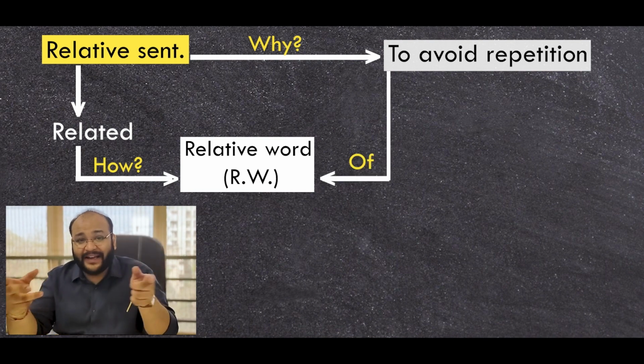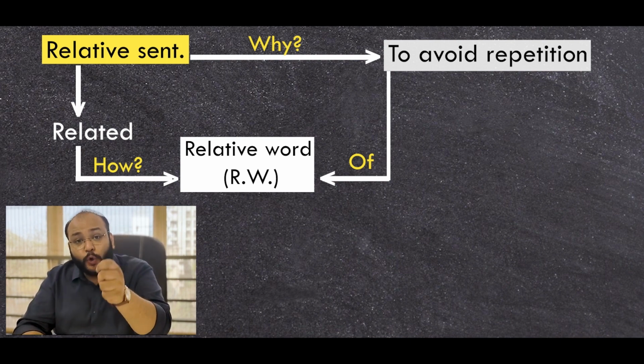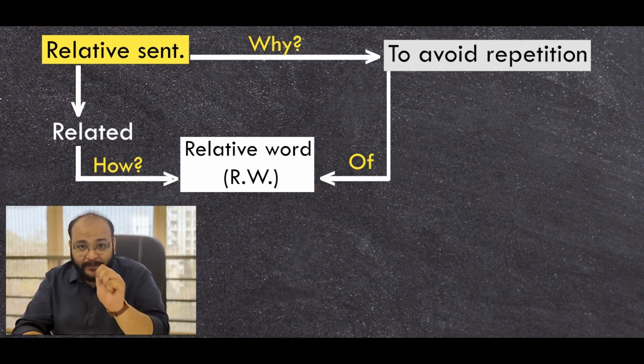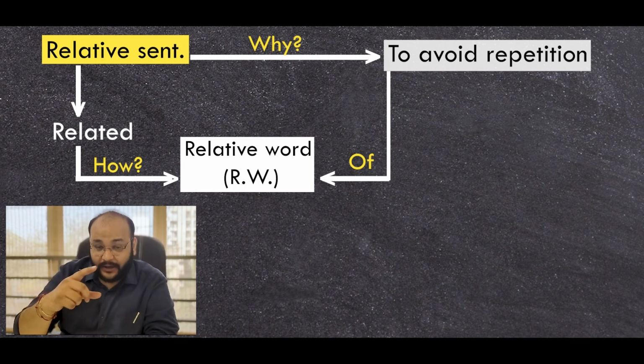Because if we don't make a relative sentence such as, this is the guy who helped me yesterday, or this is the car which I want to buy, these are examples of relative sentences. If I don't make such sentences, I will keep on repeating that relative word.